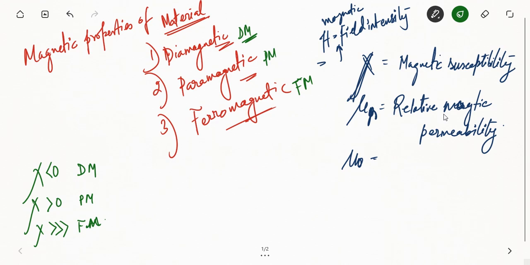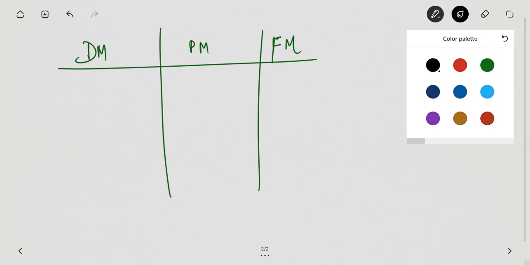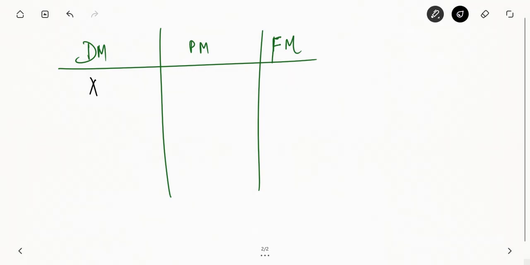And now there is a table on the next page. Suppose a table here: diamagnetic material, paramagnetic material, and ferromagnetic material. For diamagnetic material, chi is less than 0, and chi is also greater than -1. Remember that.